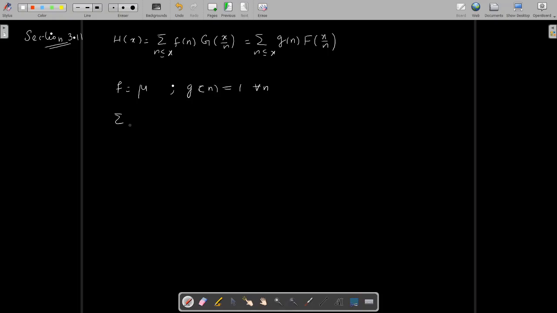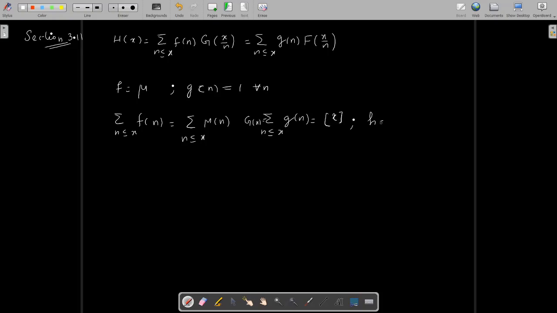Then what is sigma n less than or equal to x, f of n? That is sigma n less than or equal to x, mu of n. And we have sigma n less than or equal to x, g of n, that is capital G of x, which is equal to the integral part of x.